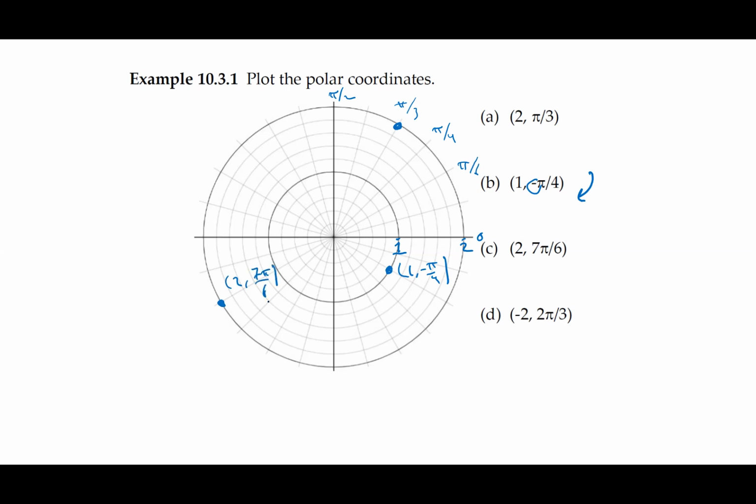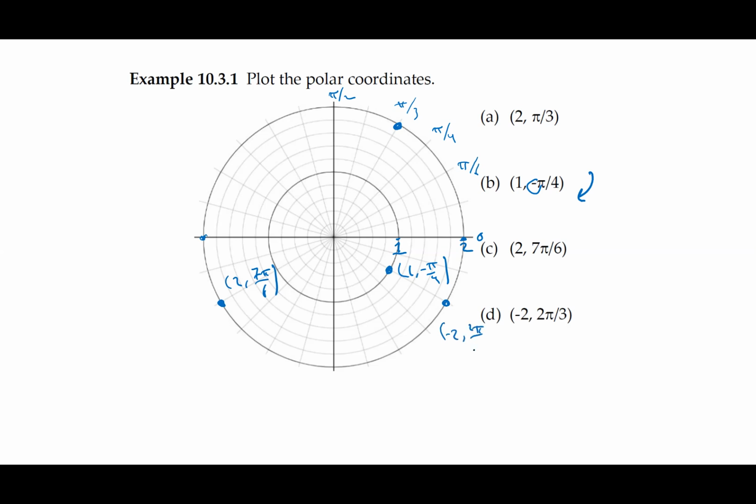Okay. And then we have a negative 2. So instead of starting here at theta equals 0, I'm going to start out here at theta equals pi. There's negative 2. And then I'm going to rotate in the positive or counterclockwise direction. So if I rotate 2 pi thirds, that takes me to there. So that's the point negative 2, 2 pi thirds.